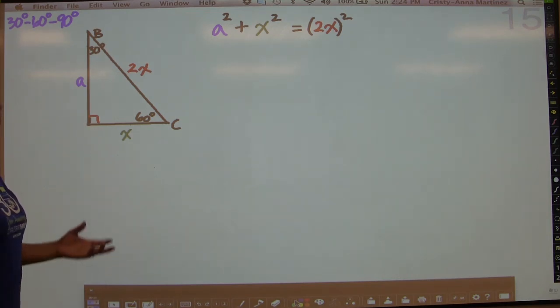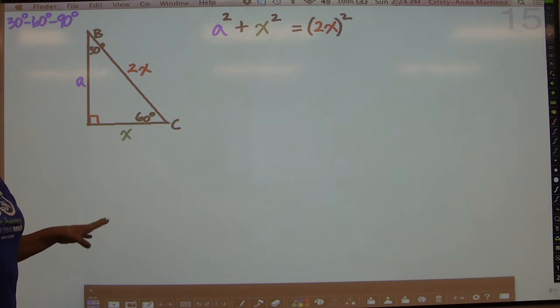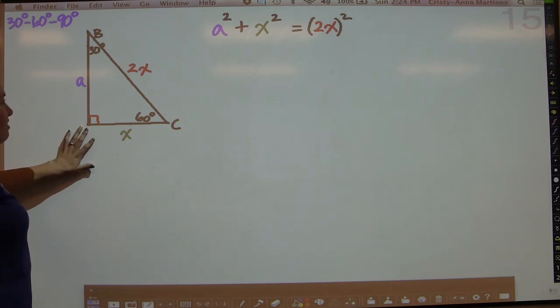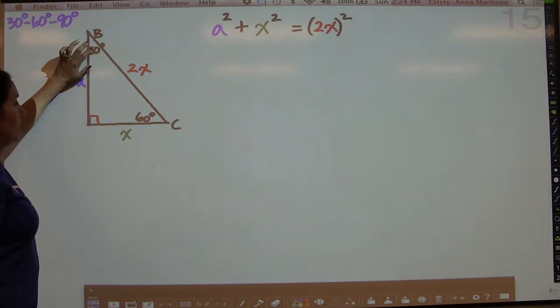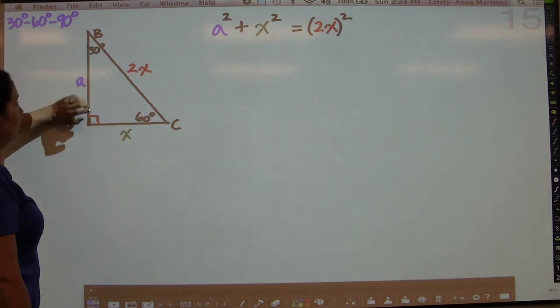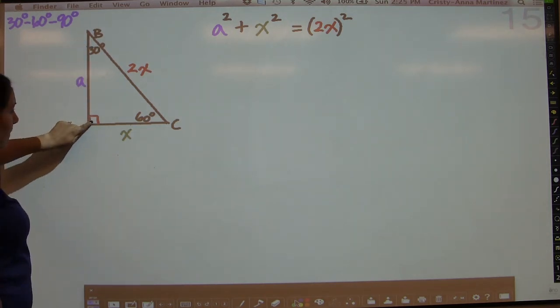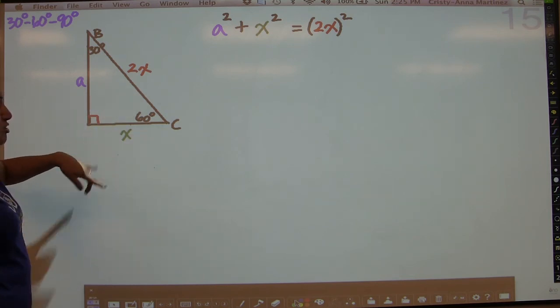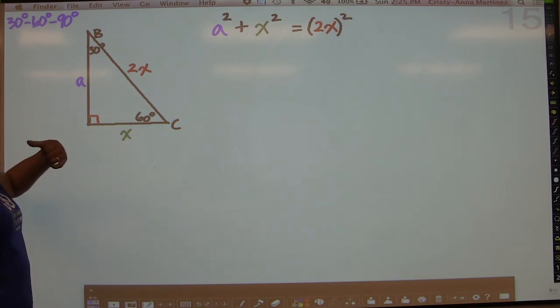And again, these relationships only apply if the triangle is a right triangle that's 30-60-90. So of course we learned before that the longest side is always opposite the biggest angle. So of course the hypotenuse being the longest is opposite the 90-degree angle. And then in this case the legs are not both the same like they were in the 45-45-90.